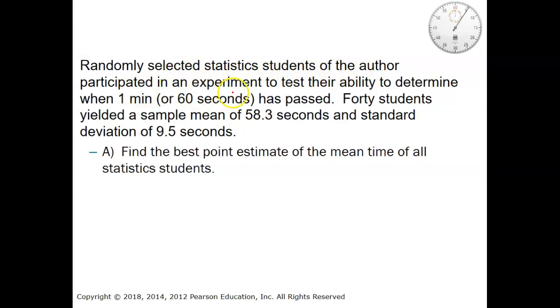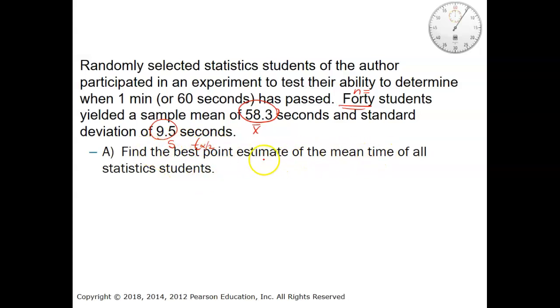Students of the author participated in an experiment to test their ability to determine when 1 minute or 60 seconds has passed. 40 students, so that's going to be my n, yielded a sample mean, so my sample mean would be my x bar, and a standard deviation. So this standard deviation reverts back to the 40 students, so this is going to be an S that I'm going to be using here. So that means I'm going to have a T critical value. Remember, S and T go together.